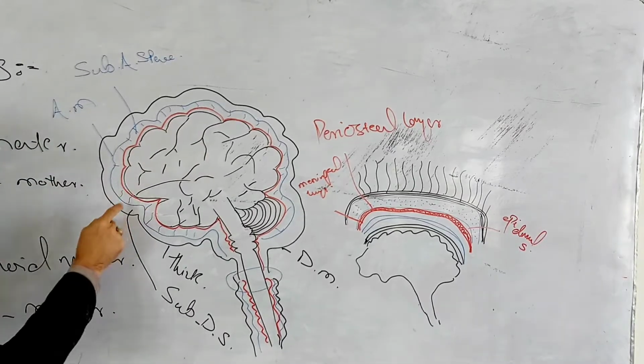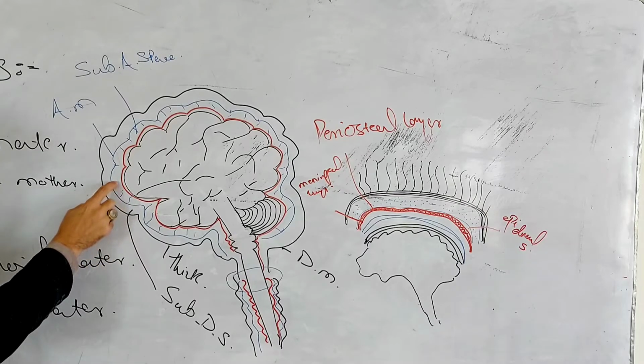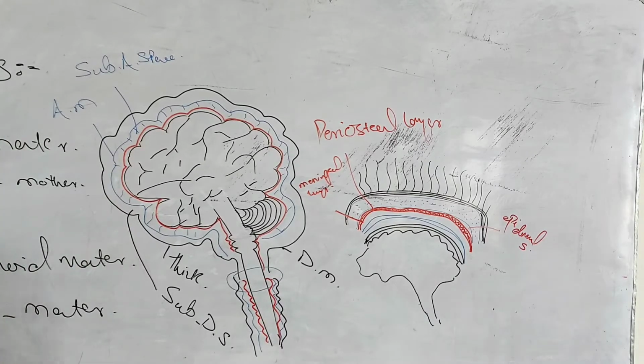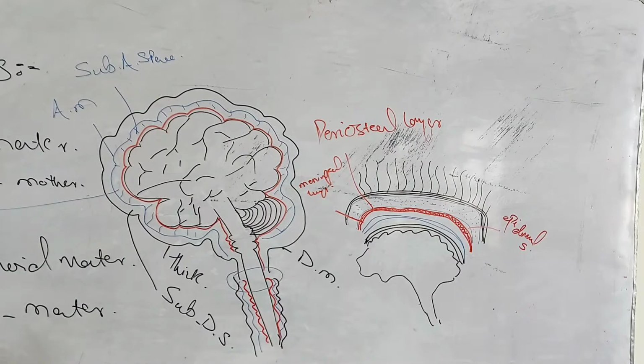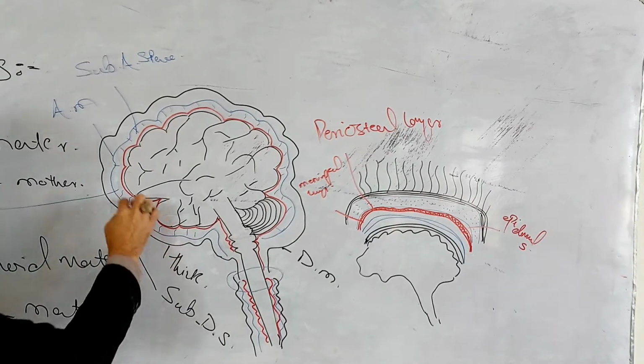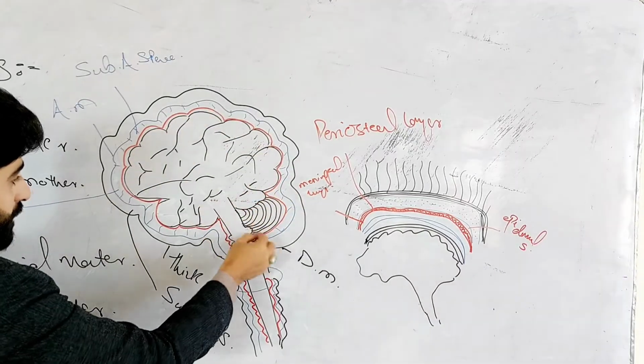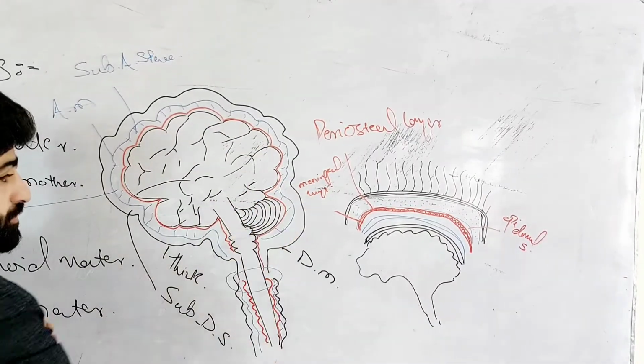The space in between the arachnoid mater and pia mater is called the subarachnoid space, having a fluid which is called the CSF, cerebrospinal fluid. The cerebrospinal fluid is released from the choroid plexus. Okay. Then it protects the brain.